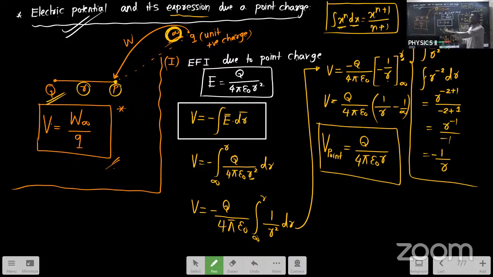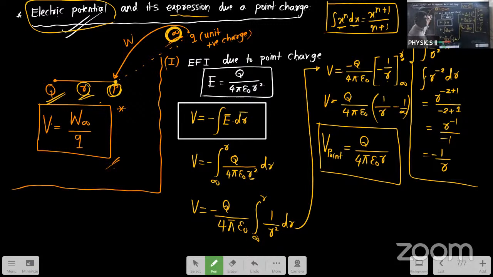The answer is E is equal to Q by 4 pi epsilon naught R square. But I am supposed to determine the electric potential. So what is the relation between electric potential and electric field intensity? It is given as V is equal to minus integration of E dot dr. From where am I bringing this charge? From infinite distance. To which position am I bringing this charge? To a particular position P, which is at a distance of R from the charge capital Q.